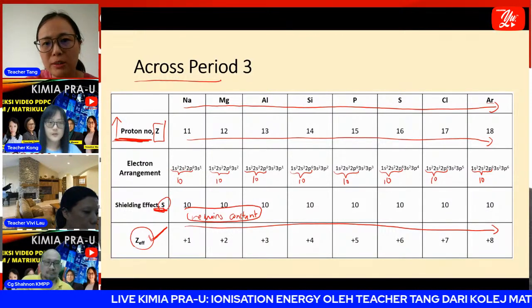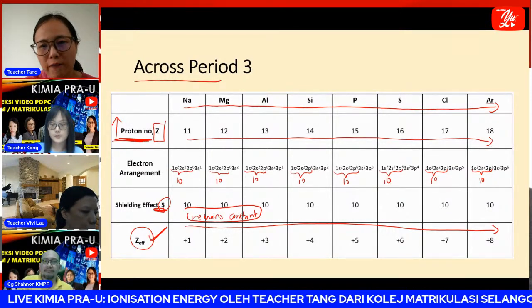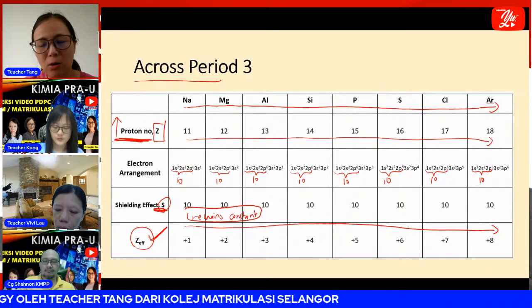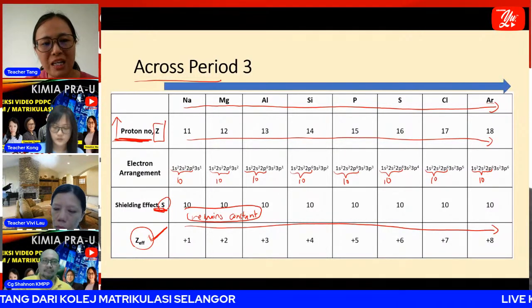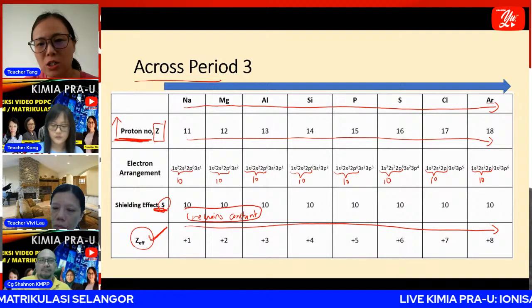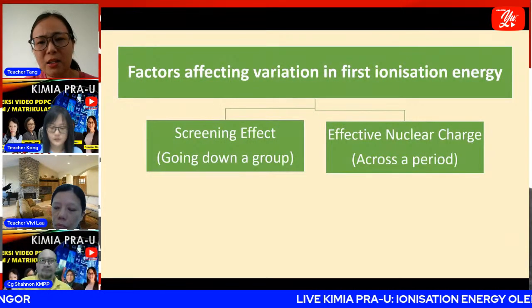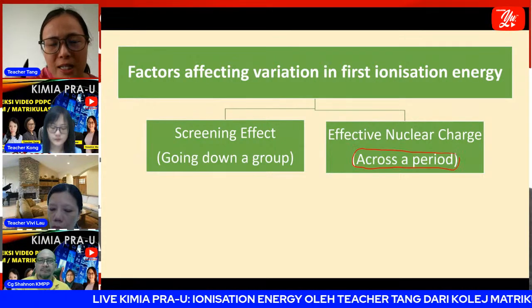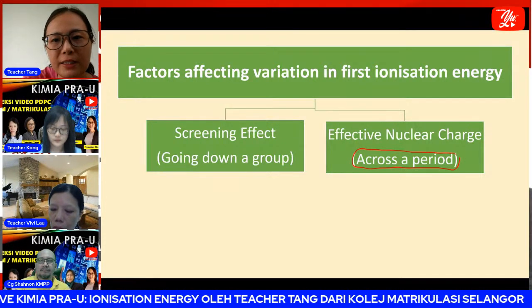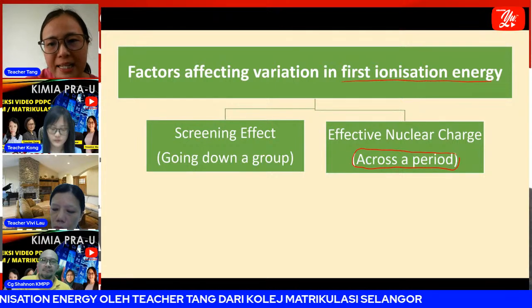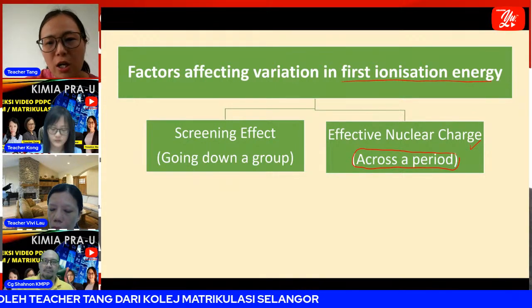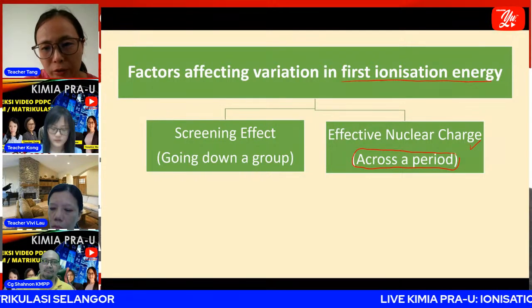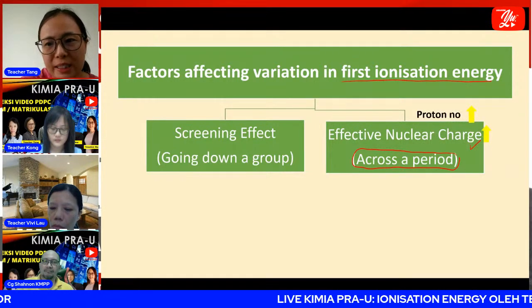We are going to see how this affects the first ionization energy of elements across a period. Across a period, the dominating factor affecting the first ionization energy of elements is the effective nuclear charge, as just now we have seen for period 3, the proton number increases.